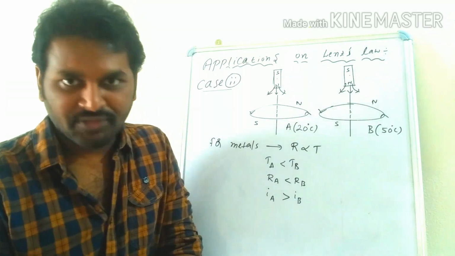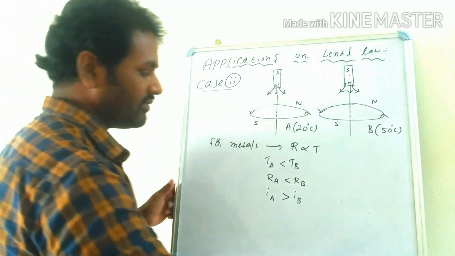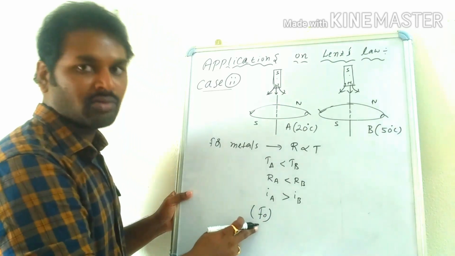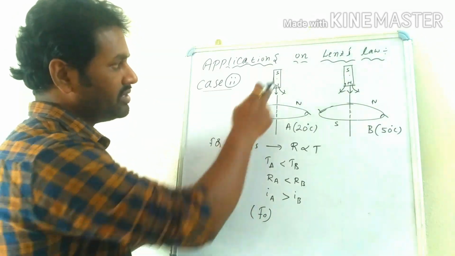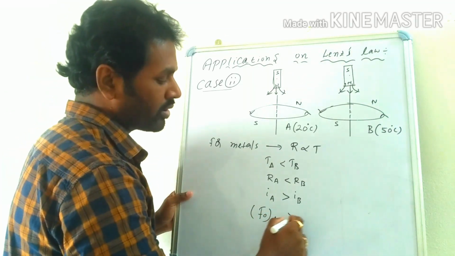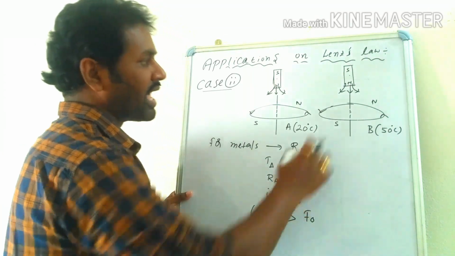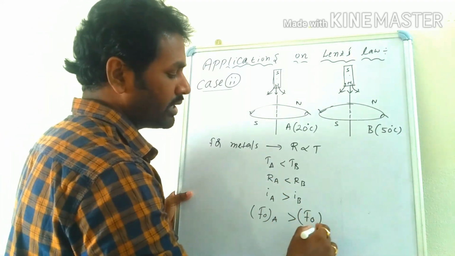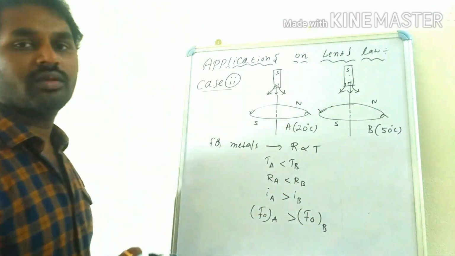So directly we can write that the opposition force acting on the bar magnet due to ring A is more as compared to the opposition acting on the magnet due to metallic ring B.